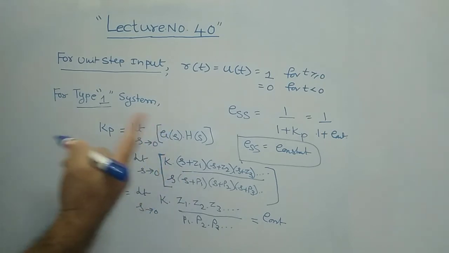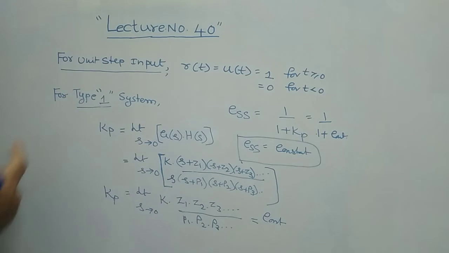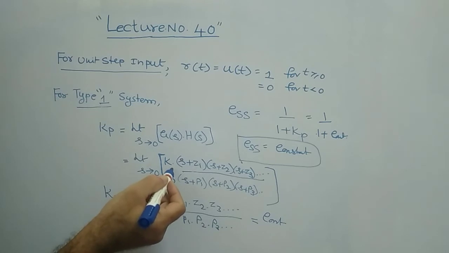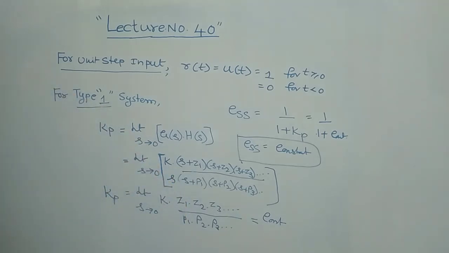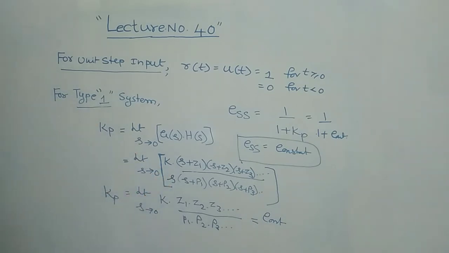That is why it is a type 0 system, whereas type 1 needs one s, where n value is 1, so s power 1 gives a type 1 system. So in a type 1 system you have one s, remember like that.